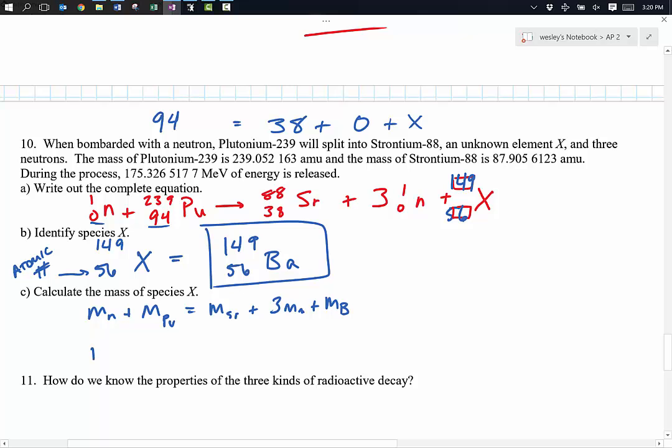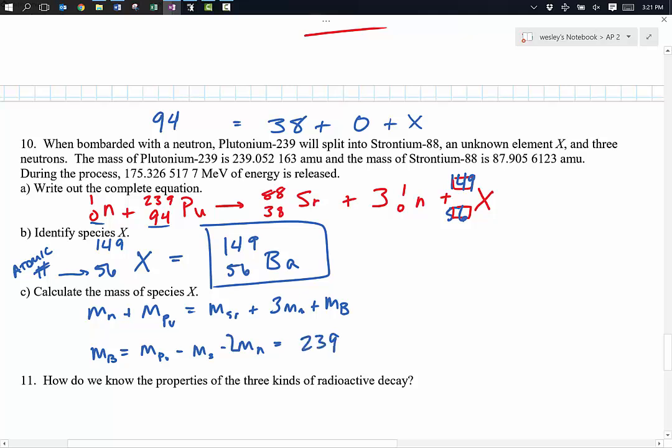So the mass of barium is equal to the mass of the plutonium minus the mass of strontium minus 2 times the mass of a neutron. So we have numbers for all of that stuff.